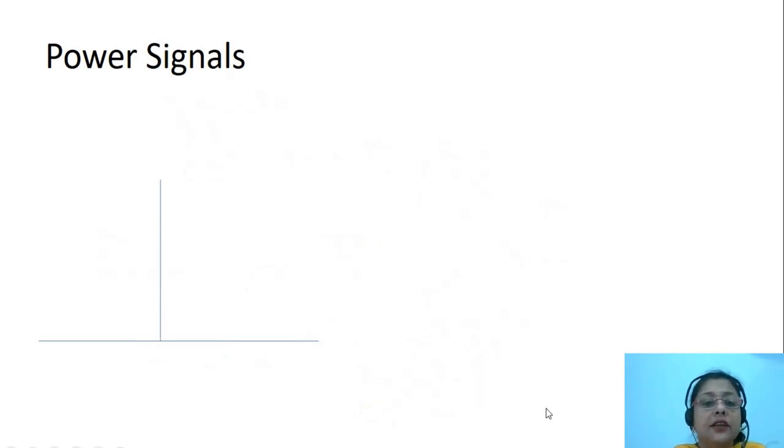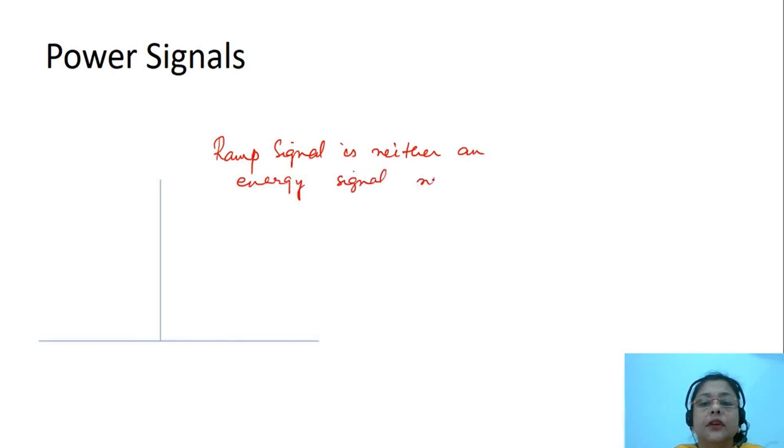We can have a signal which is neither an energy signal nor a power signal. The ramp signal is neither an energy signal nor a power signal.